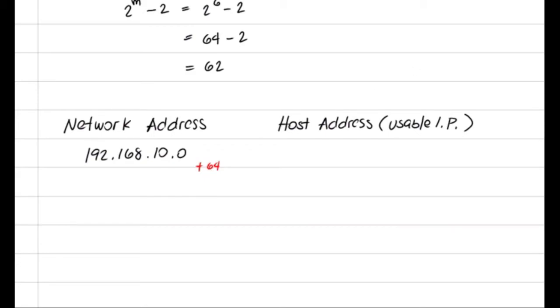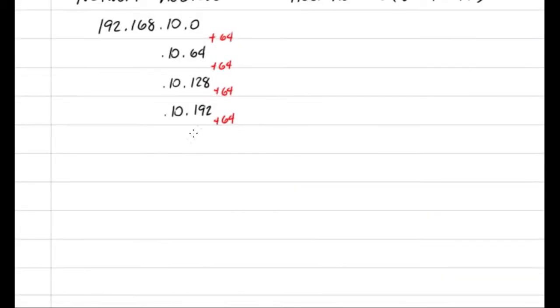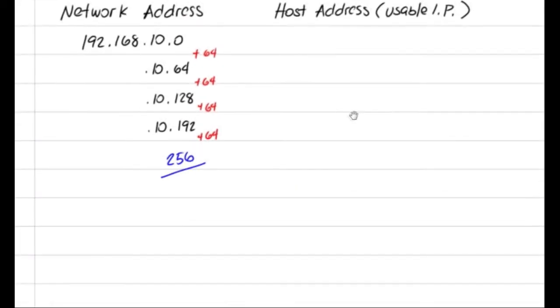So it will be 10.64. Again, we will add 64 until it reaches 256. Okay, so it will be 10.128. So we will add again 64. It will be 10.192. So 192 plus 64 is 256.